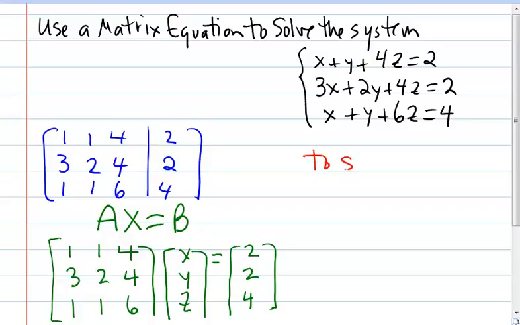To solve AX equals B, I'm going to multiply on the left by A inverse.